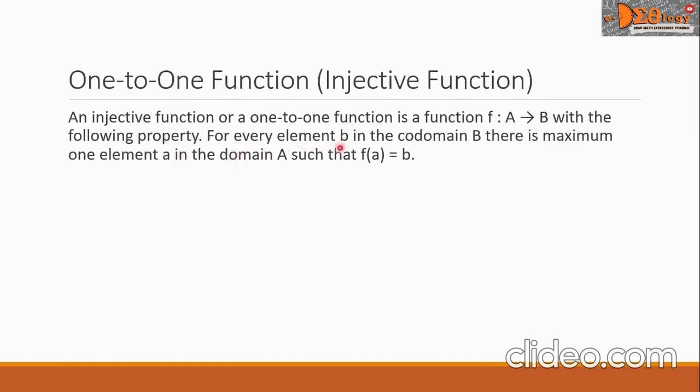For every element B in the codomain group B, there is at most one element A in the domain group A such that f of A equals B. For an injective function, f of A equals f of B, and that means A equals B.